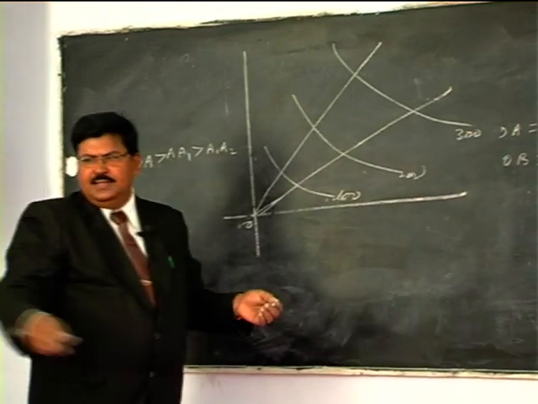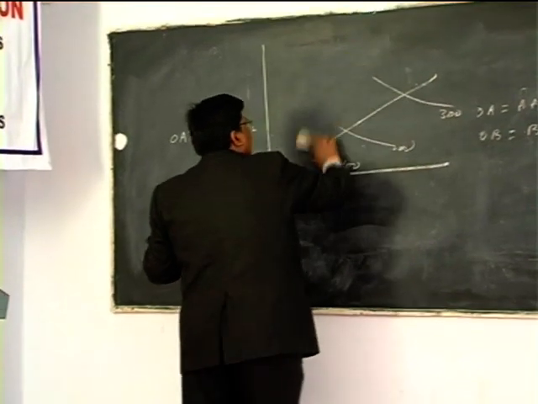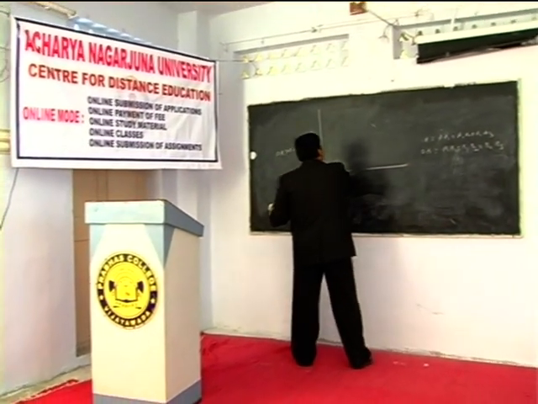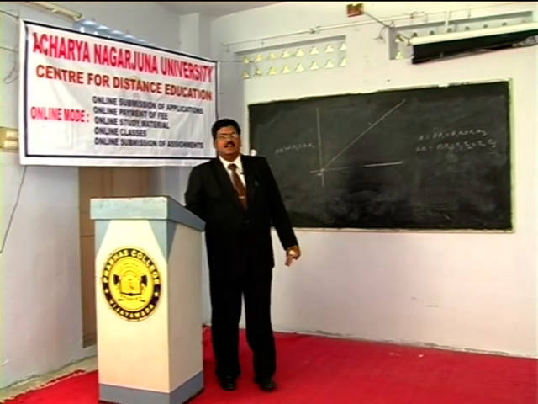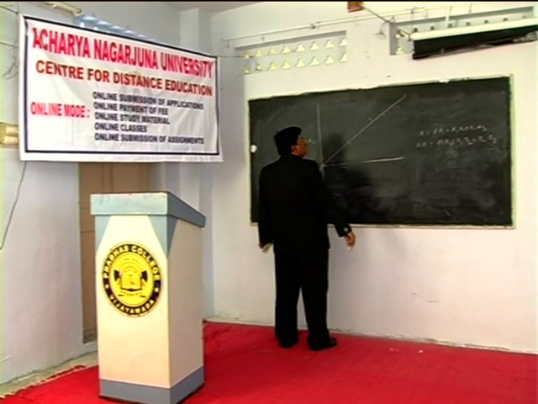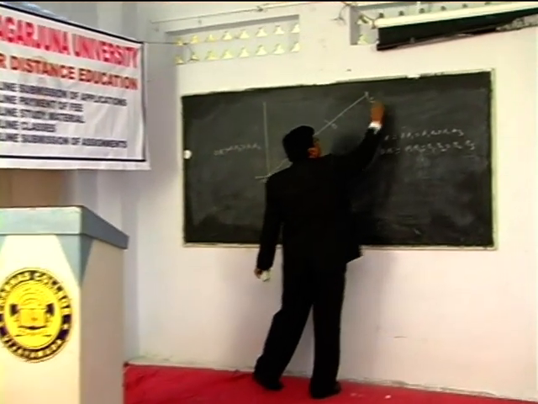And the last point is that we have seen that in any firm, while expanding the scale of operations, initially it passes through a phase of increasing returns, then a phase of constant returns, and ultimately decreasing returns. So let us show this from O to A as increasing returns, A to B constant returns, and B to C decreasing returns.